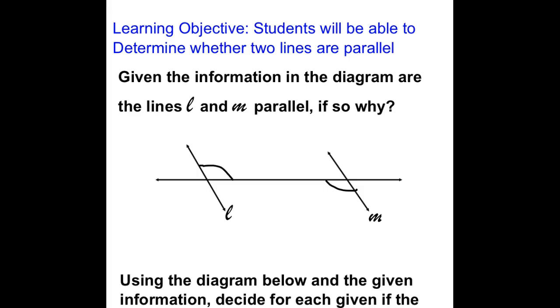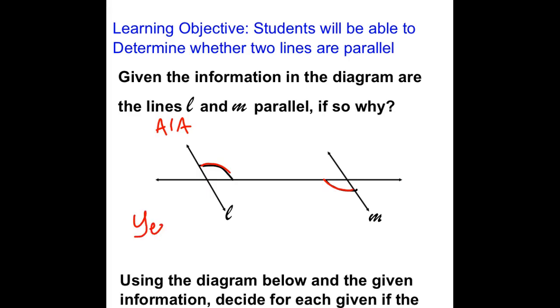So if I look at this picture right now, it says, given the information in the diagram, are the lines L and M parallel? If so, why? I would look at these 2 angles that are marked with these congruent marks, here and here. What's their relationship? Well, they're inside the lines and they're on opposite sides, so that's your alternate interior angle. And they're congruent. So are the lines parallel?